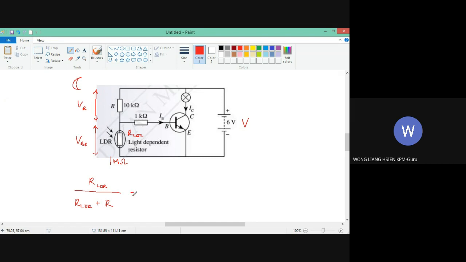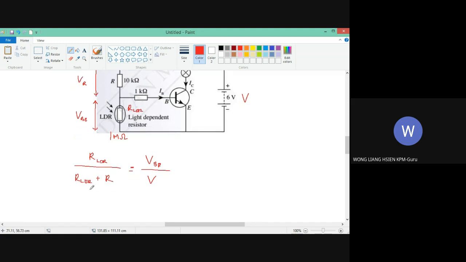goes to the voltage of the LDR over the total voltage V. Okay, so this one is 1 mega, 1 0 0 0 0 0, over 1 0 0 0 0 0 plus 10,000.